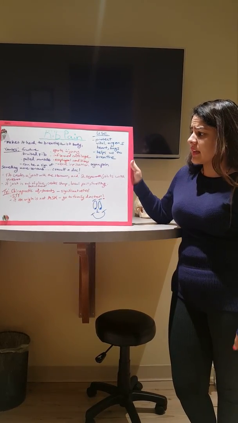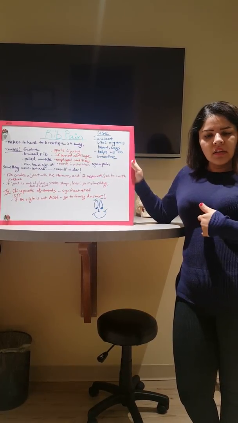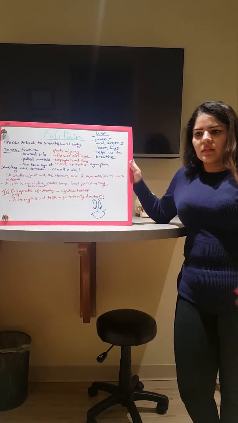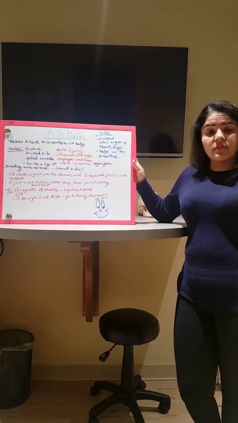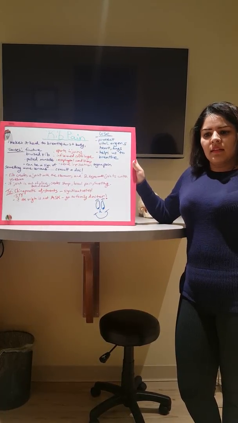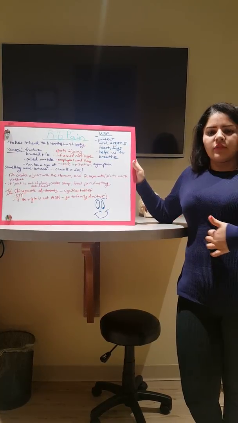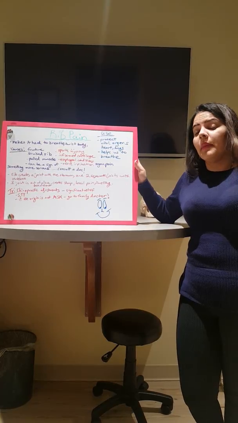All right, so the first thing is we've got 12 ribs. They make a joint in the front with your sternum, and in the back with the spine as well. So there is a costovertebral transverse joint in the back, and then they attach to the sternum in the front. The last two ribs are called floating ribs because they don't attach to the front, they only attach to the back.